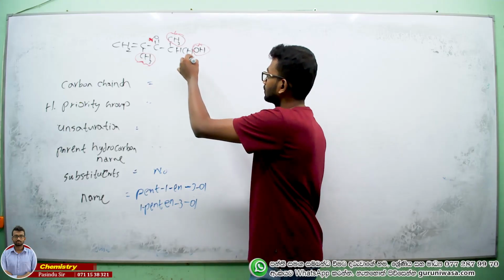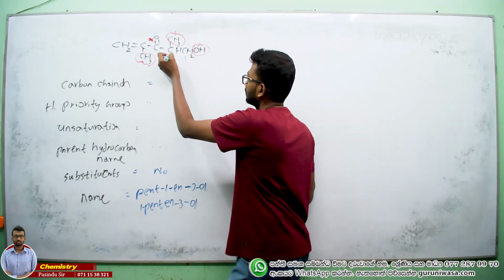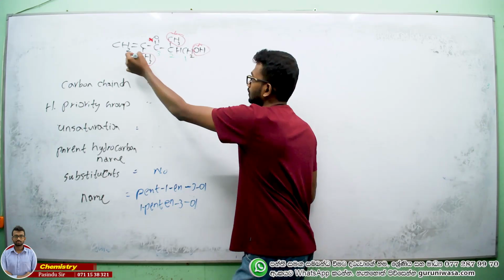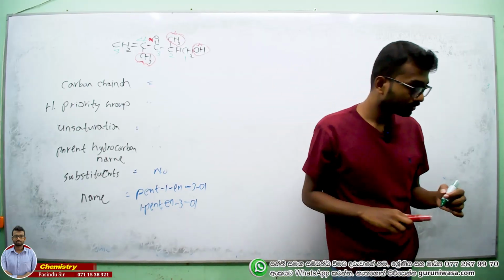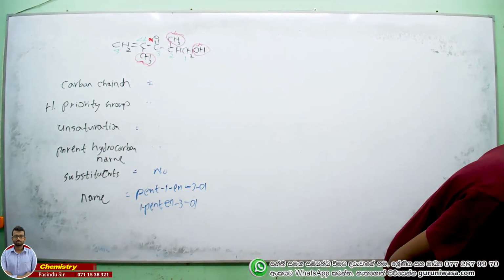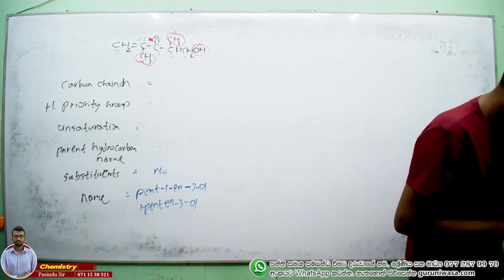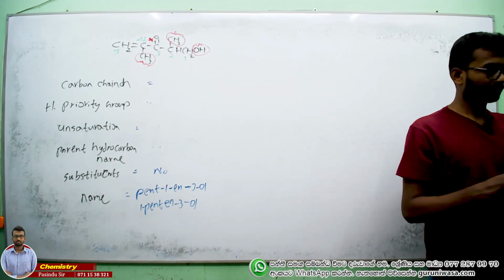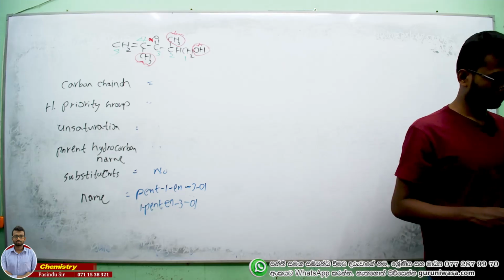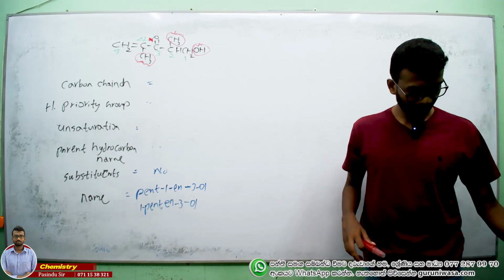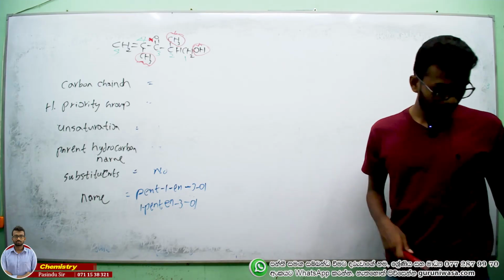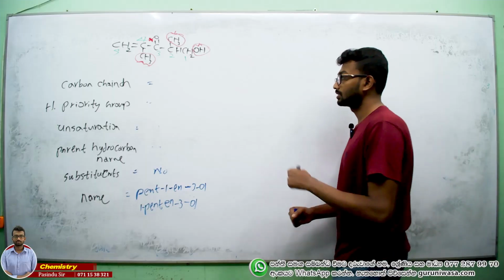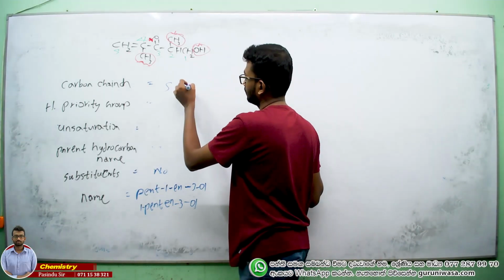So count from right to left: 1, 2, 3, 4, 5. Okay, then carbon chain 5, therefore pent.